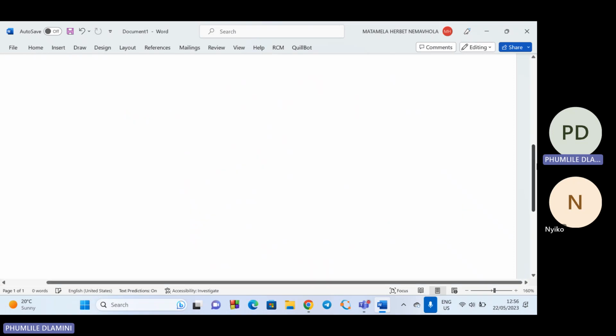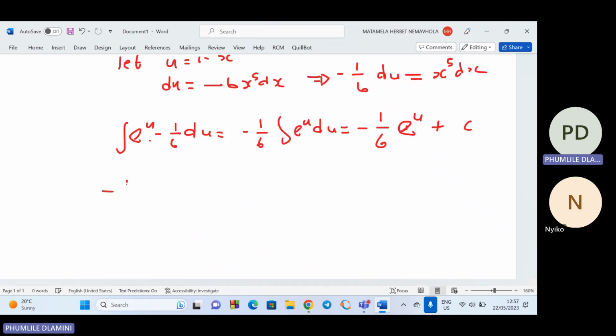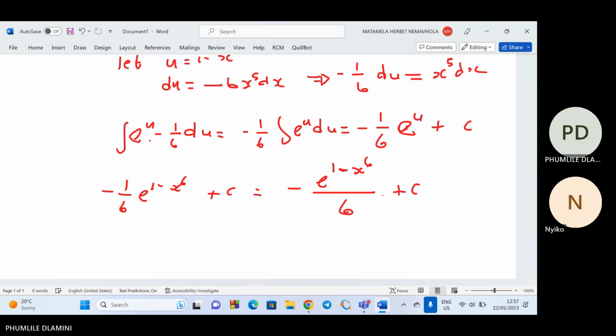If I rewrite this, it is -1/6 e^(1 - x^6) plus c, which we can also rewrite as -e^(1 - x^6) divided by 6 plus c. So that's how simple we work it out.